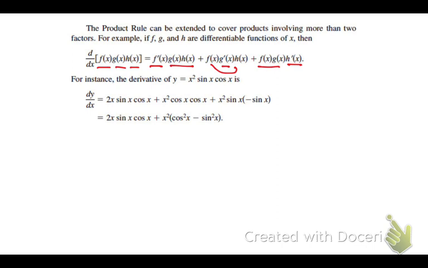So an example of that, you don't have to write it down, just pay attention, please: the derivative of x squared sine cosine. So I have x squared, sine, and then cosine. Yes? So the derivative of x squared is 2x, then sine cosine. The derivative of sine is cosine times the other 2. The derivative of cosine is negative sine times the other 2.